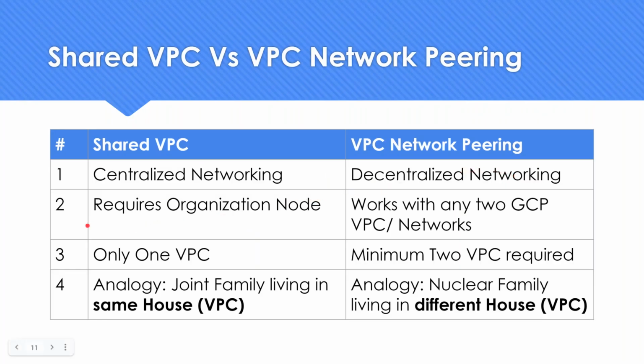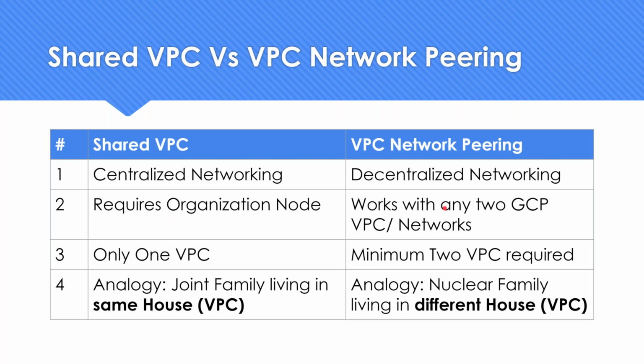The second important difference is this requires an org node, which indicates it's going to be bound to a specific organization. Whatever you do in shared VPC, it's within an organization. No two different organizations can use the same shared VPC concept. It has to be two different host projects, basically.